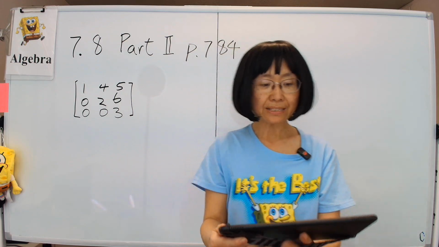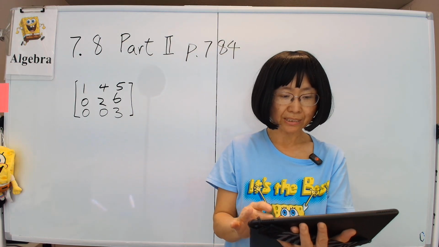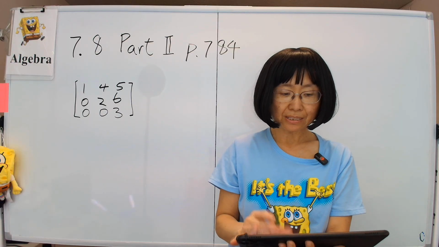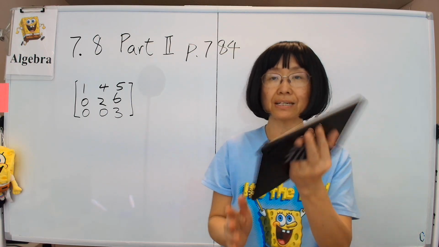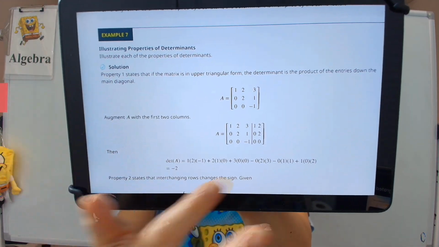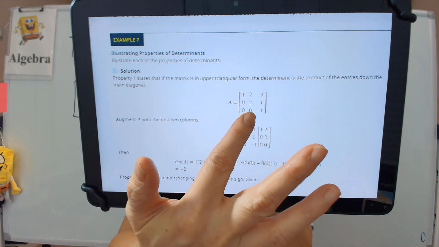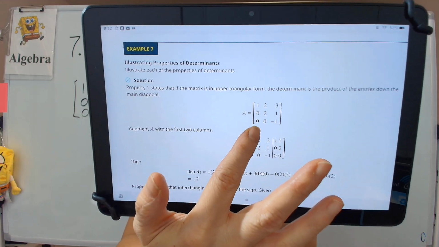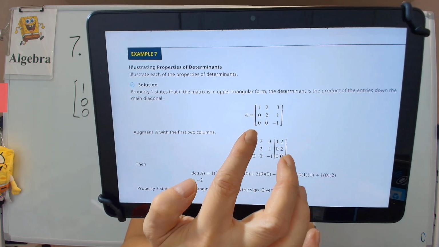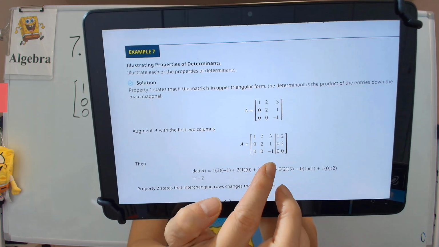So let's look at example 7 on the same page, which demonstrates the properties that we just mentioned. First, property 1 says that if things are 0 below the diagonal, then the determinant is simply the diagonal multiplying together. That's it. You don't have to worry about anything else.